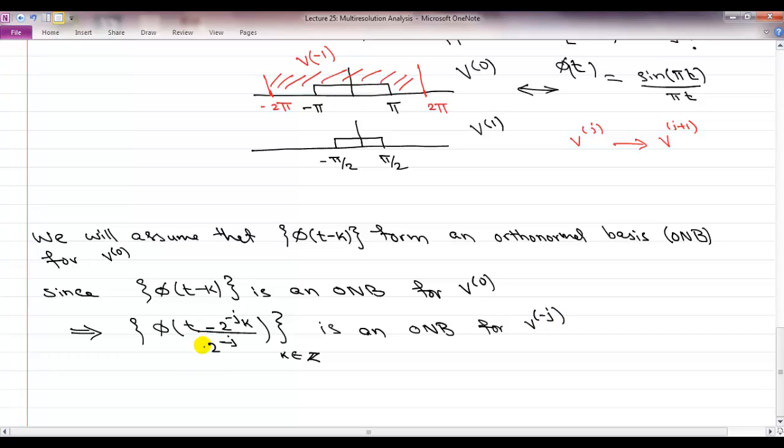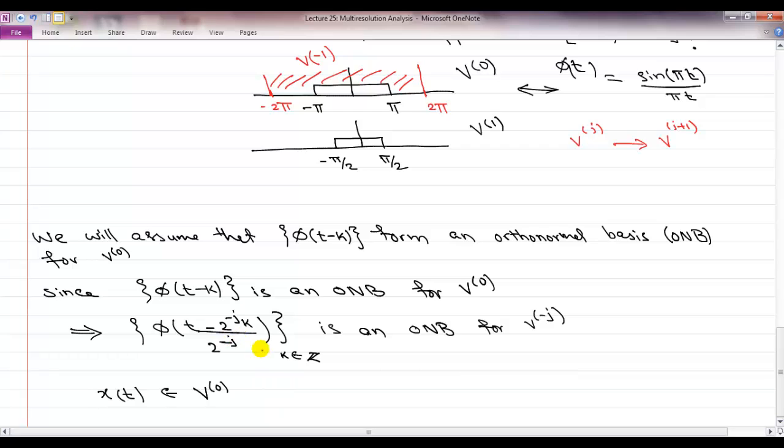And I'll just give you an intuition for this. We won't formally prove that. So let's assume that x of t belongs to V of 0. What does it mean that phi of t minus k are orthonormal bases? It means that every signal in V0 can be represented as a linear combination of the basis functions.